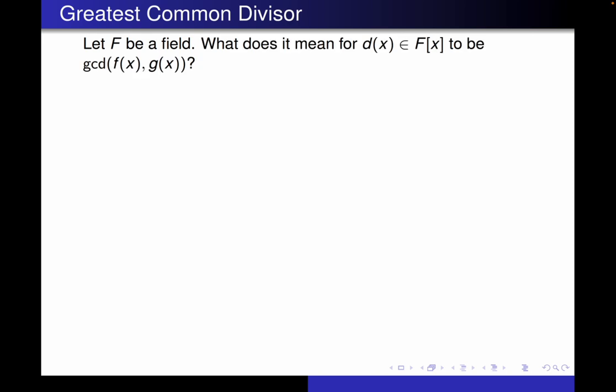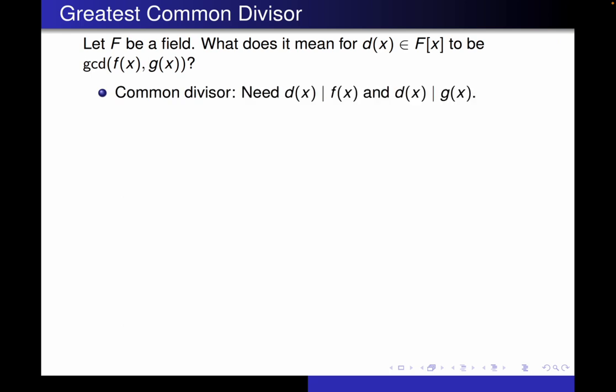So if F is a field, we want to ask the same question about polynomials. If we have polynomials d of x, f of x and g of x, what does it mean for d of x to be the GCD of f of x and g of x? So it has to be a common divisor. That means d of x divides f of x and d of x divides g of x. If we have some other common divisor, some other polynomial k of x dividing f of x and k of x dividing g of x, then k of x divides d of x.